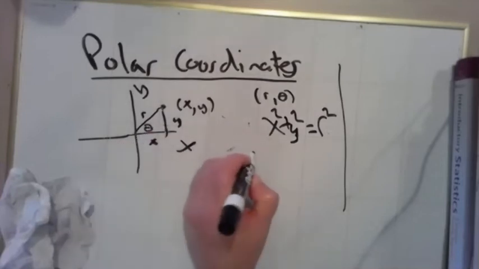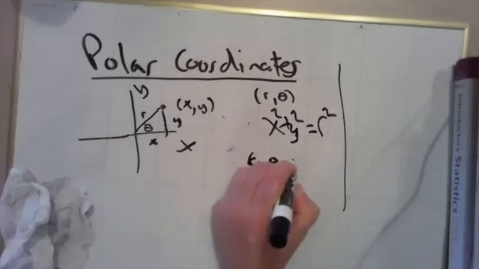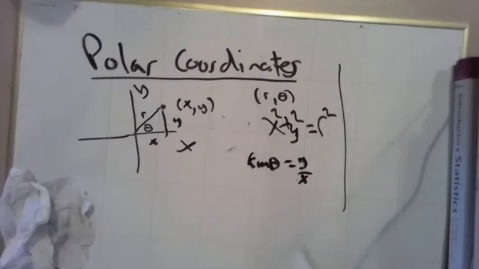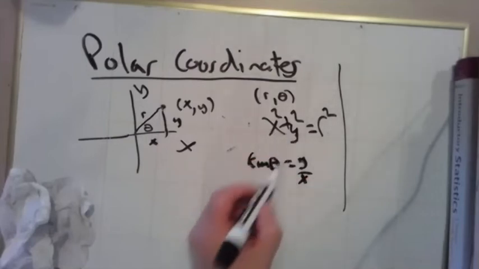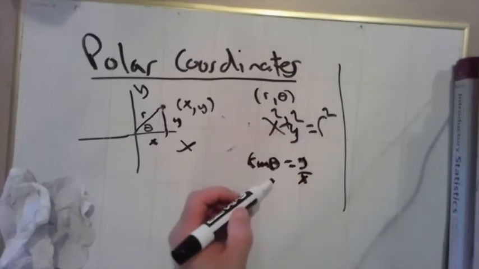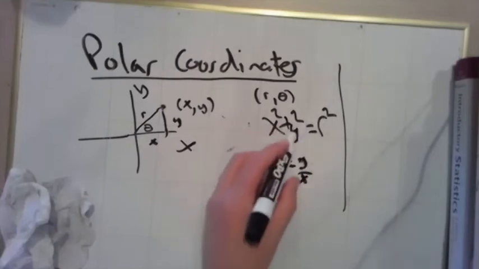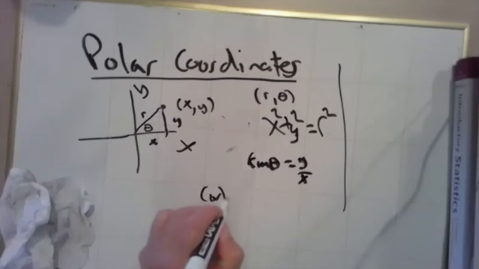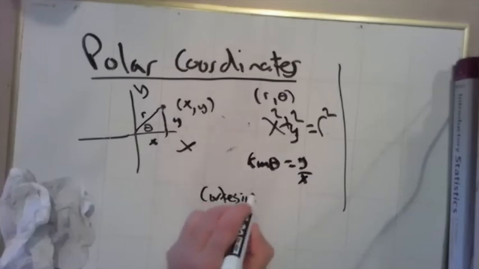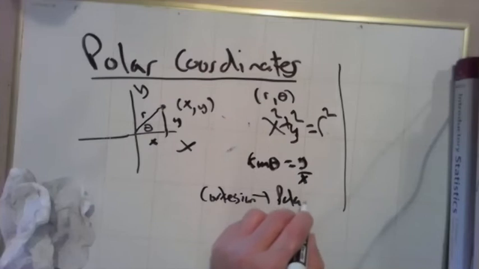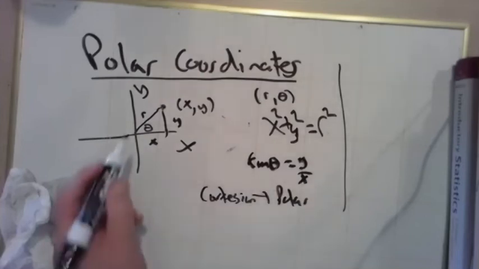We could say, for example, tangent of theta will be y over x. So if we know the x's and the y's, we could find the r's and the thetas. So this is to go from Cartesian into polar, or we could go the other way.